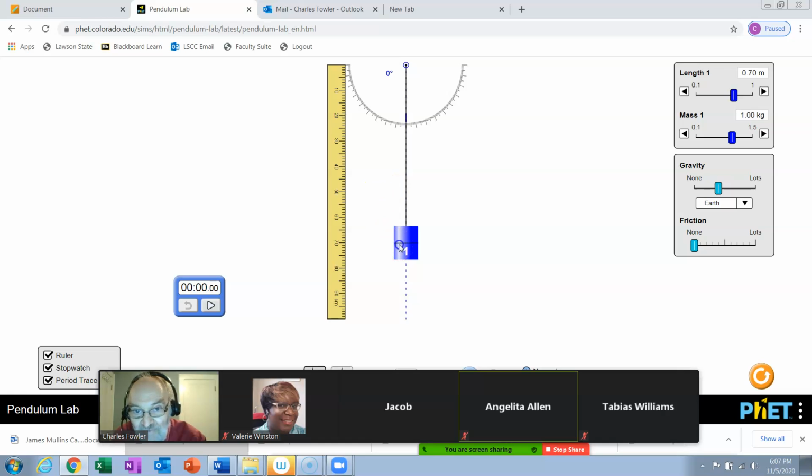I'm going to lift this pendulum, and remember that's a 1 kilogram pendulum. Move it here, and I'm probably going a little too far. Oh, wait. I didn't mean for that to do that. Stop. That's not what I wanted.